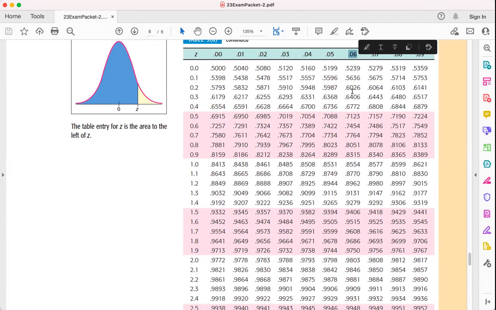So we need to go to this column right here, with the 1.5, and the answer would be this number here. Okay, let me show you again with another example. This is the table I'm talking about, the formula sheet. I'm gonna just stop sharing here, okay?